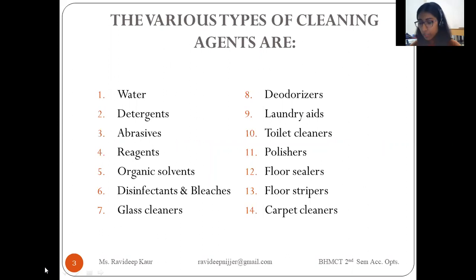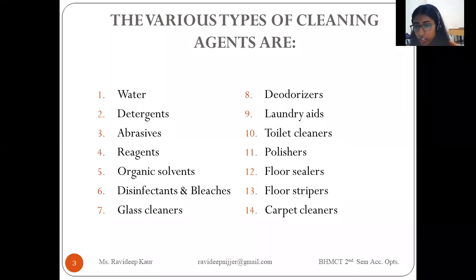So, I'm sorry. Next we have various types of cleaning agents. Here you can see on your screens we have different types of cleaning agents. These all 14 are the cleaning agents. First one is water. Second one is detergent. Third is abrasives.